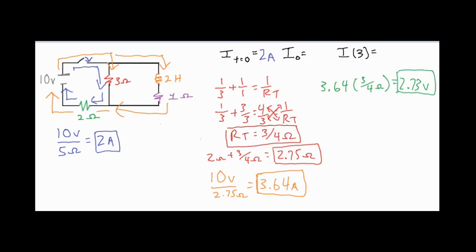And we know how parallel circuits work: if this has a delta V of 2.73 across this branch, then this branch also has a delta V of 2.73.